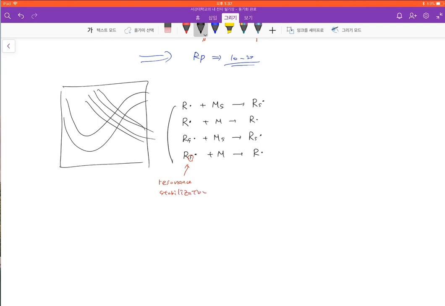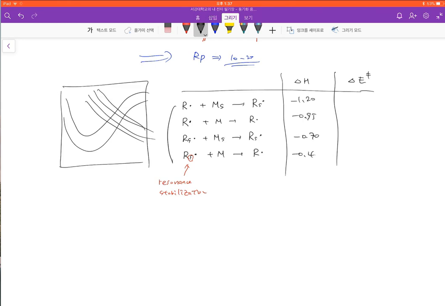Here the small s denotes the resonance stabilization. If you compare the enthalpy change and activation energy for these four reactions, the values are like this.